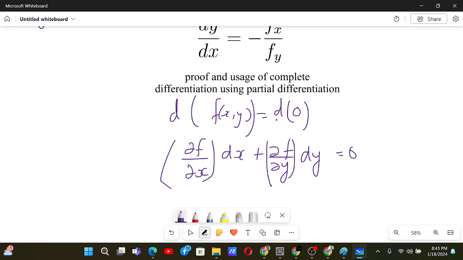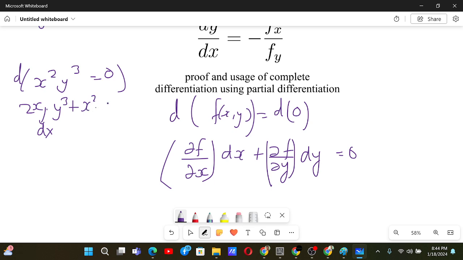So if you want to look at whether that is true or not, let's say we have x square y cube equals 0. Now we will have 2x y cube, plus, if I'm taking differentials, I will also have dx, and then I will have x square times 3y square dy.